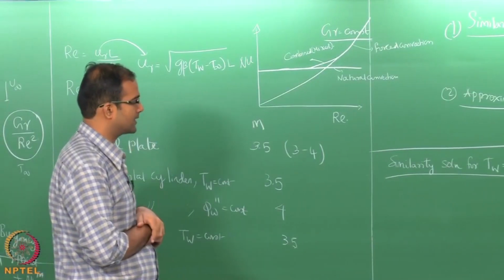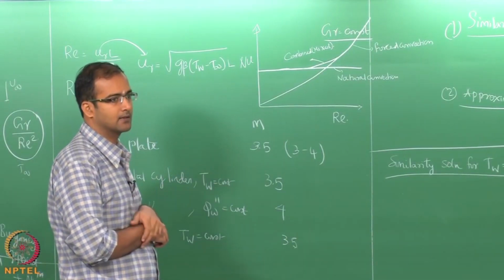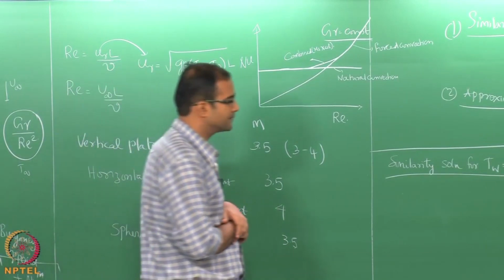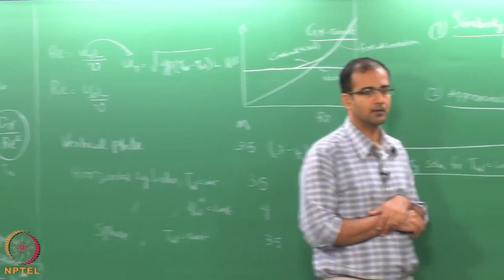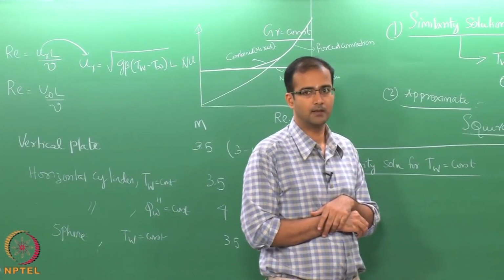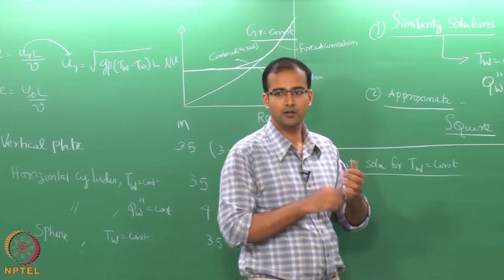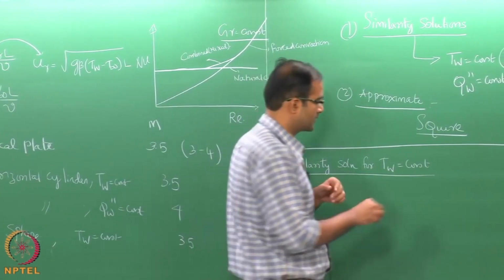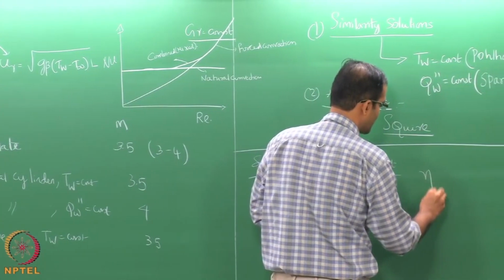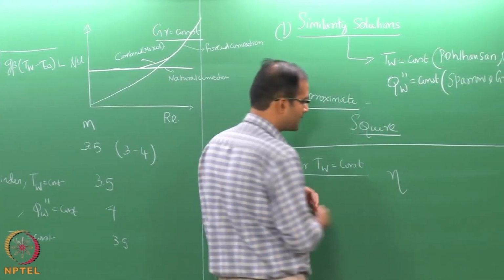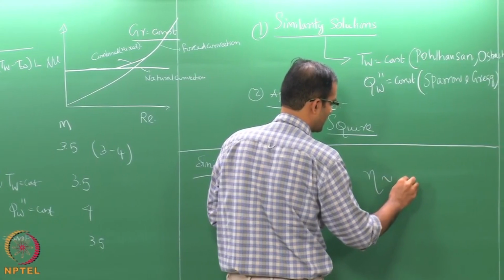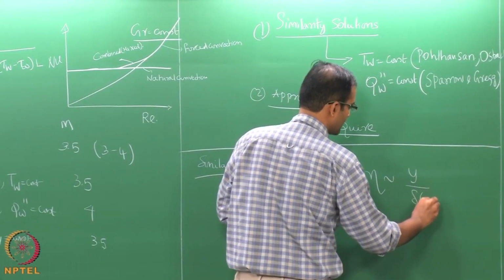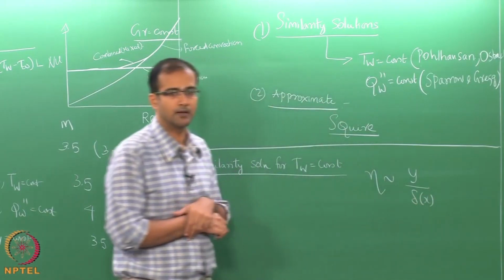Now, just the same as with the Blasius equations, you have to first start with defining a similarity variable, a similarity transformation from xy coordinates to a coordinate which is called the similarity variable coordinate. So we do not know what it is, but let us say that eta will be a function of y by some delta, right.